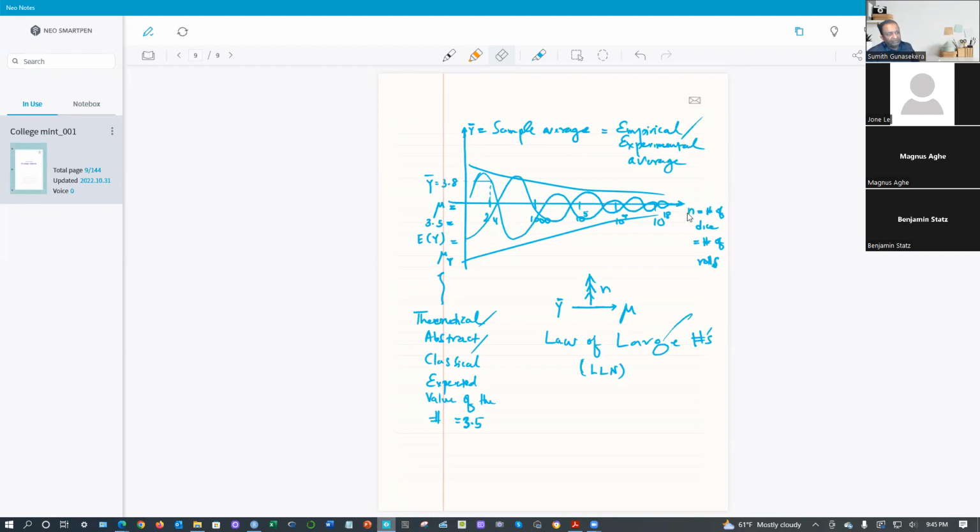But at the end of the day, when you increase the sample size, the number of dice or the number of rolls, eventually you're going to get the same value.